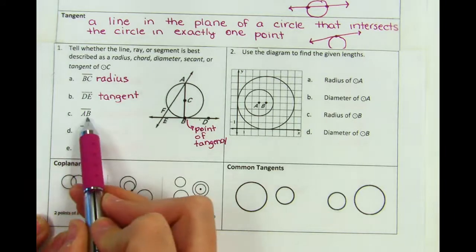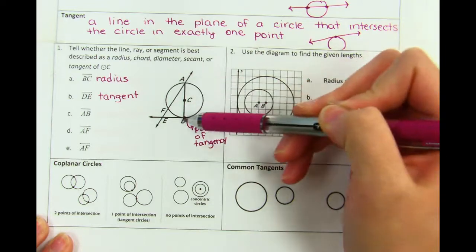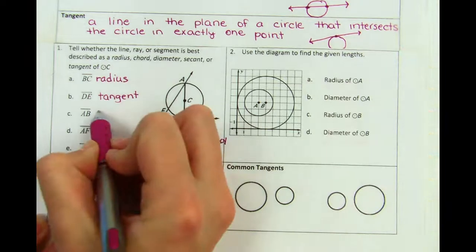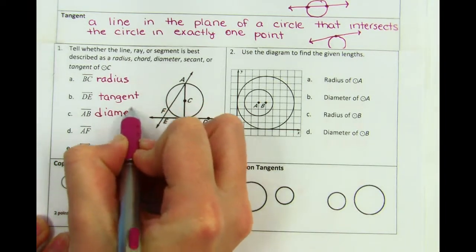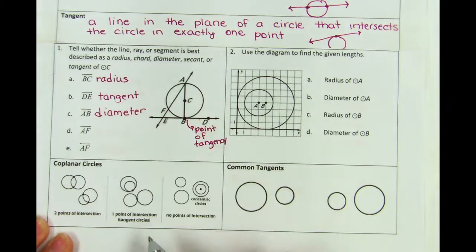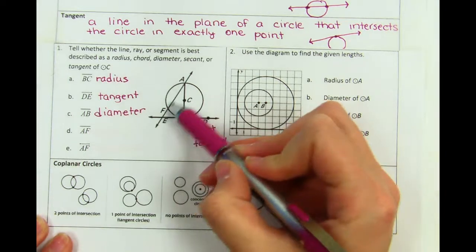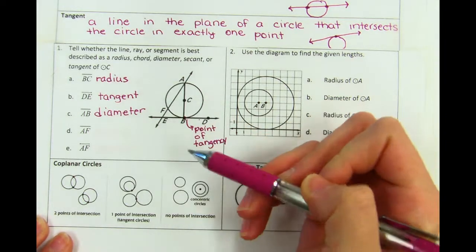Okay. Segment AB, endpoints on the circle, goes through the center, it's a diameter. Segment AF, endpoints on the circle, doesn't contain the center, it's a chord.